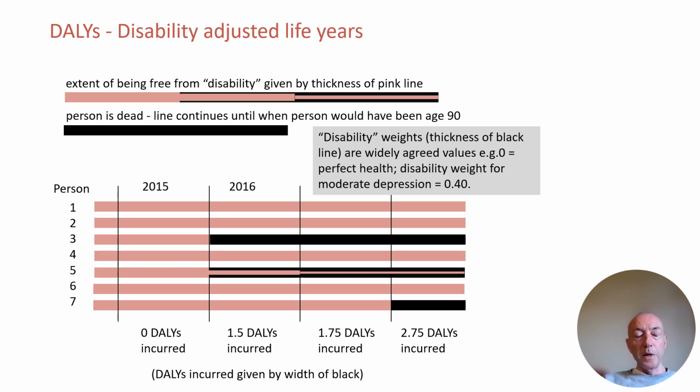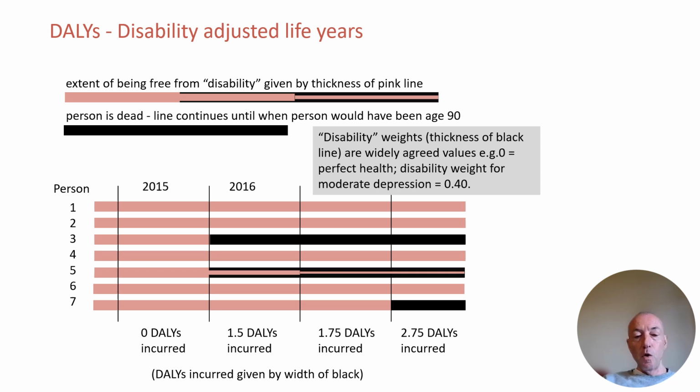And so disability adjusted life years count the years of life lost due to the person having died, but also years of life lost due to disability being lived in those living. So now in 2016, there's 1.5 DALYs incurred, and that's because person 3 had already died, but they would have been aged less than 90 had they not died.